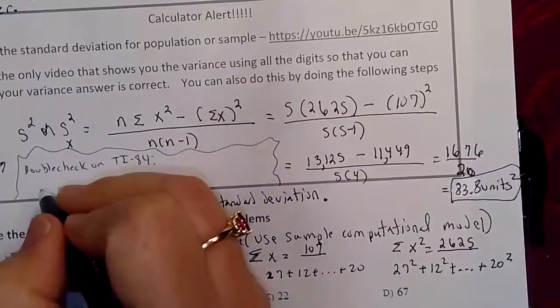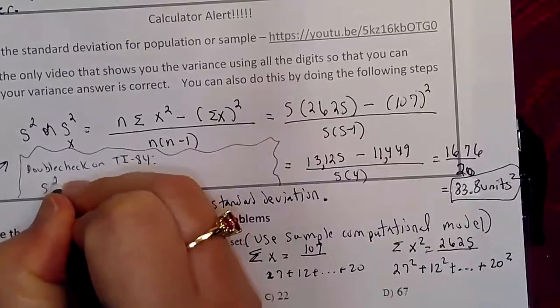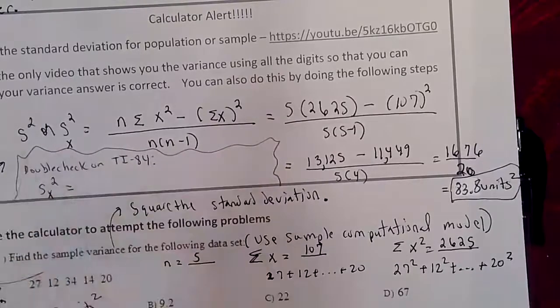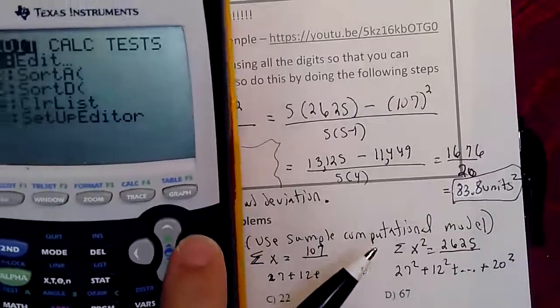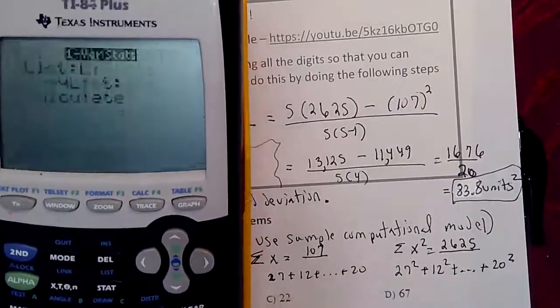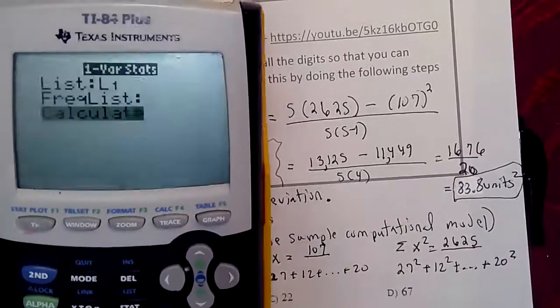So we take our S of x value and we square it. So our S of x value, to go back to stat, calculate, one variable stats, and my data is in L1.